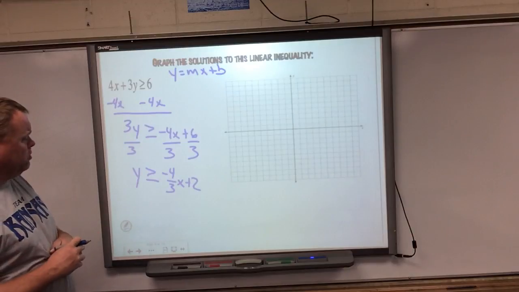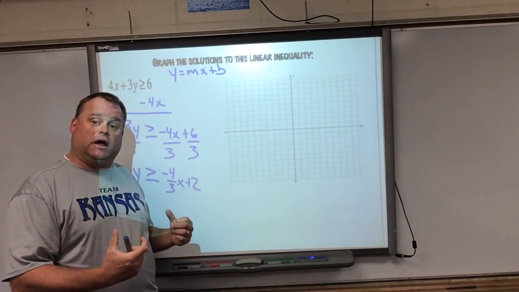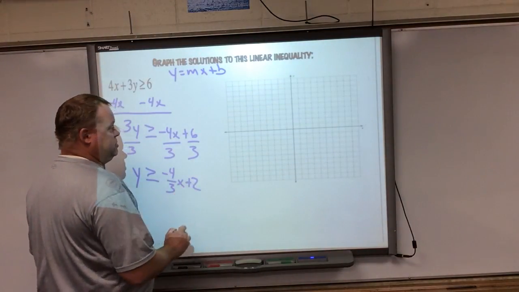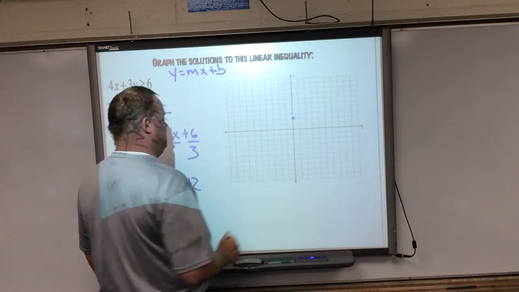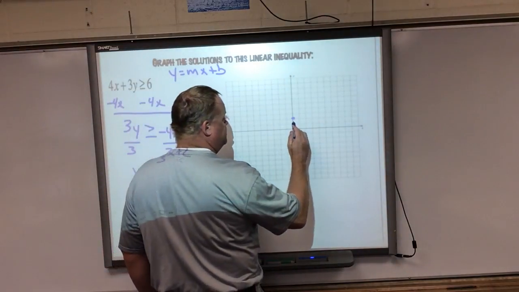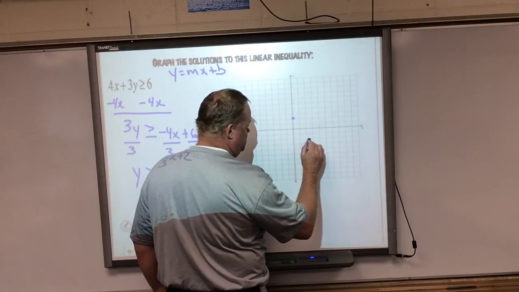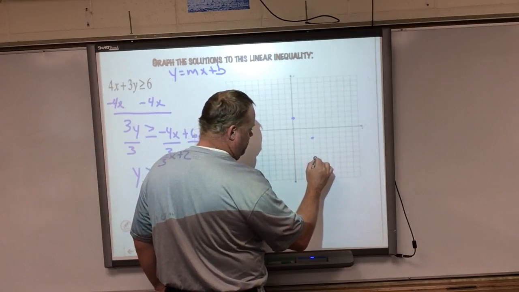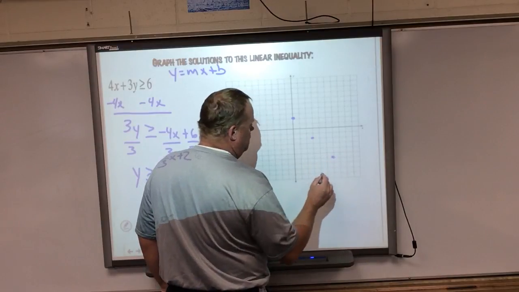So I'm looking for a greater than or equal to, so I know I'm going to have a solid line. My y-intercept is positive 2, so I'm going to find positive 2 right there. My slope is negative 4/3. So down 4, 1, 2, 3, 4 over 3, 1, 2, 3.